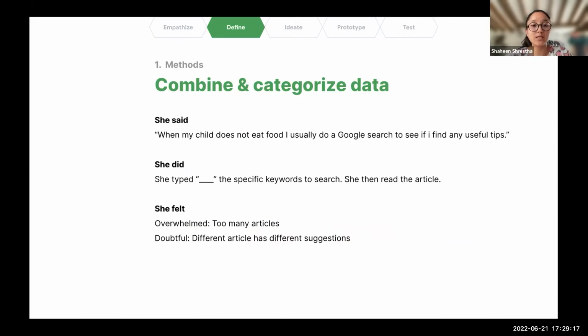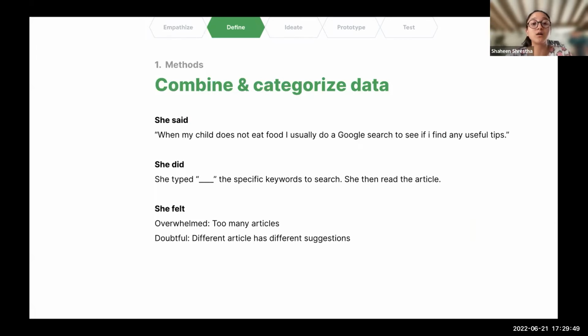now after we have data, this is usually how we try to combine it. What did this person say, or what did this person do, and in the emotions, what did these people feel? We summarize our data, so that it becomes easier for us to move forward. So, what did she say? These are just examples. When my child does not eat food, I usually do a Google search to see if I find any useful tips.